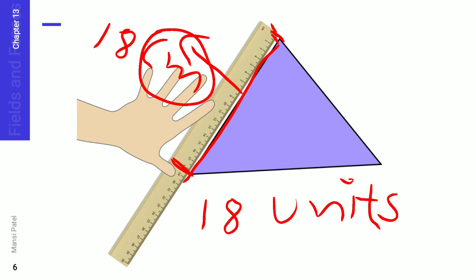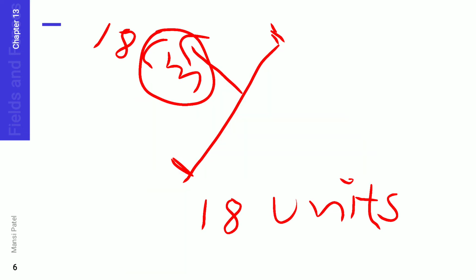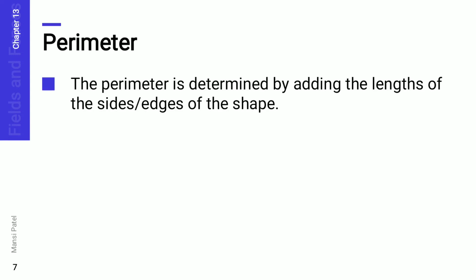Now let us discuss the next one. Again it's a perimeter. The perimeter is determined by adding the length of all the sides and edges of the shape. If you want to find the perimeter, then what do you do? You have to just add all the lengths given for that shape.